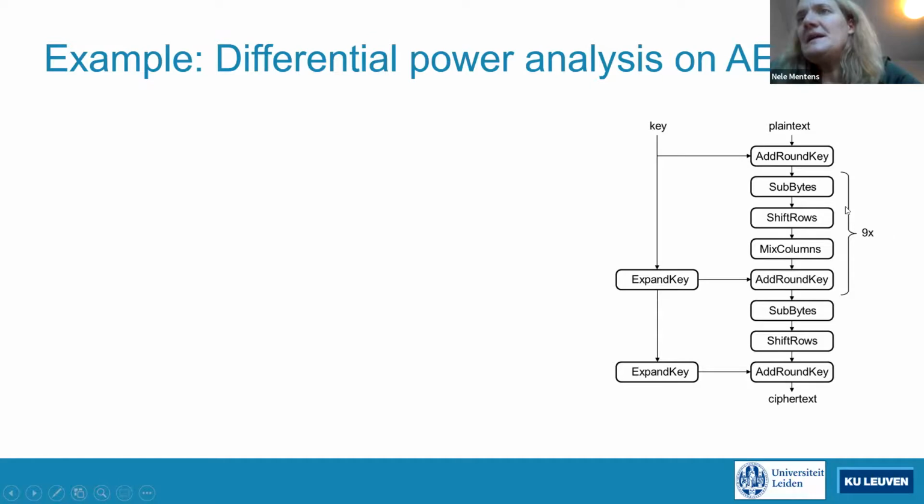Then you have 9 of the same rounds, consisting of 4 round operations, where at the end derived keys or subkeys are again added in the round. Then you have a 10th round, which is the same as these 9 other rounds but without the mix columns. Then the ciphertext comes out. This is just something that always happens. So you do not have, if the key bit is 1, then do this, which means that you cannot just perform simple power analysis the way you do it on RSA.